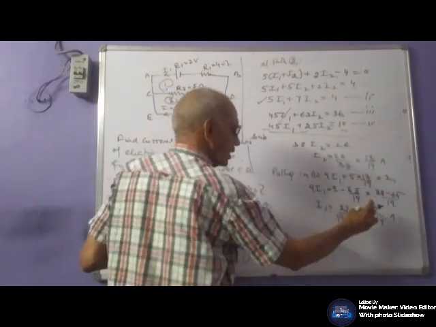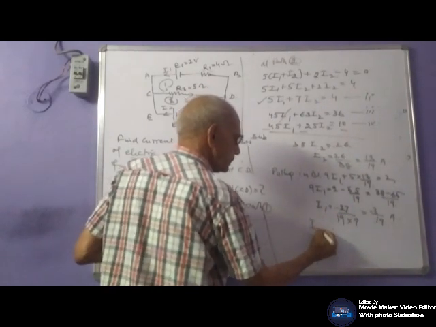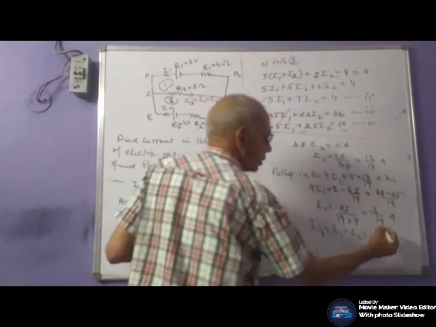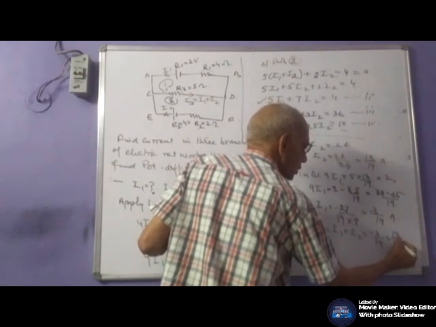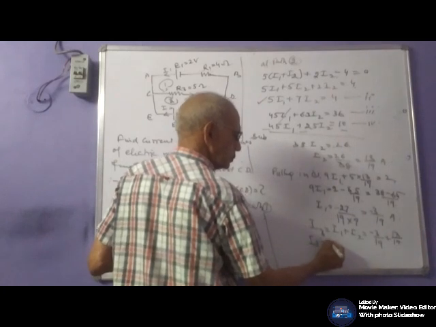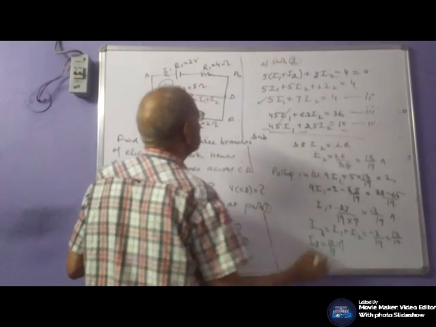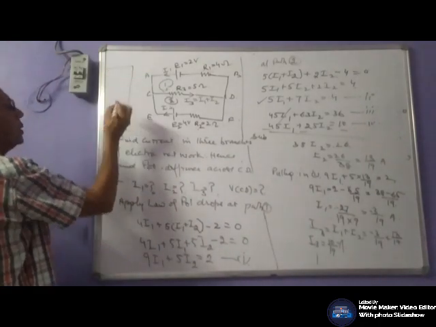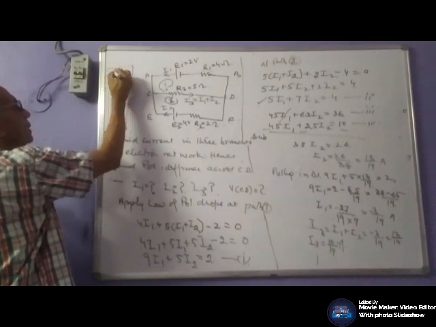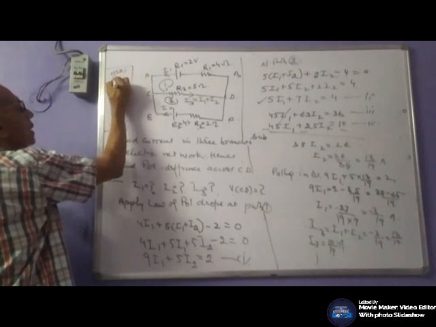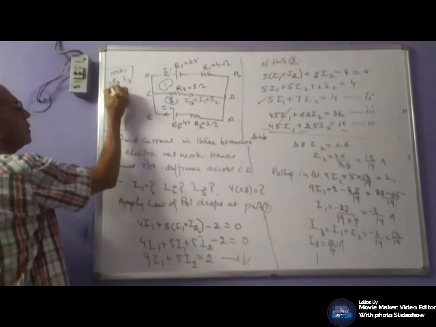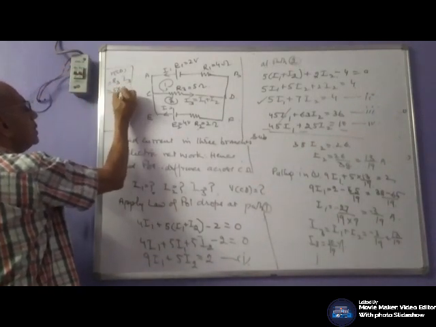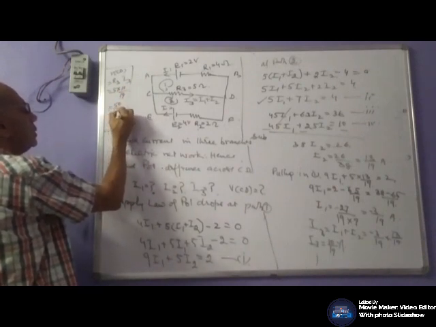So one current is this, second is this, minus I3, I1 plus I2, so I3. B, C, D, R3, I3, R3, 5, I3, volt.